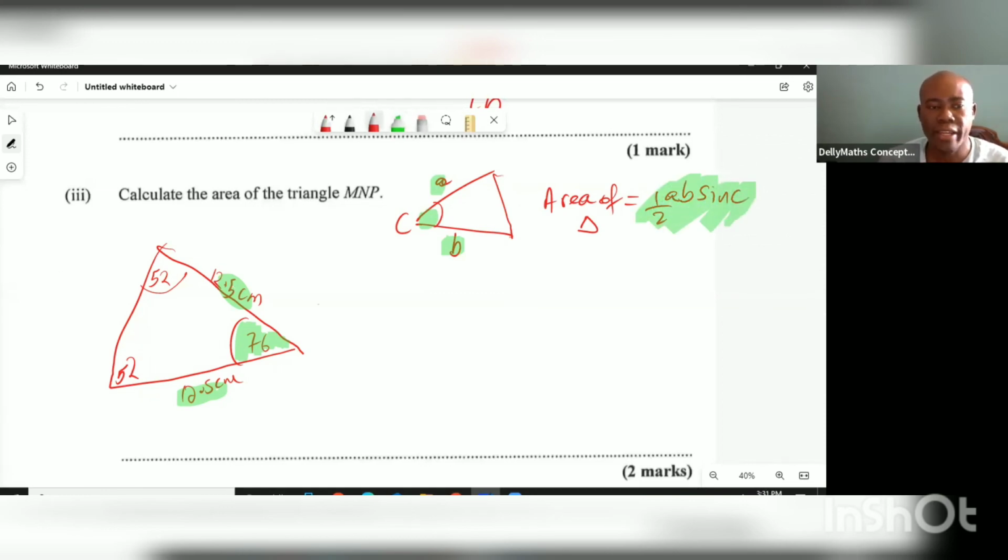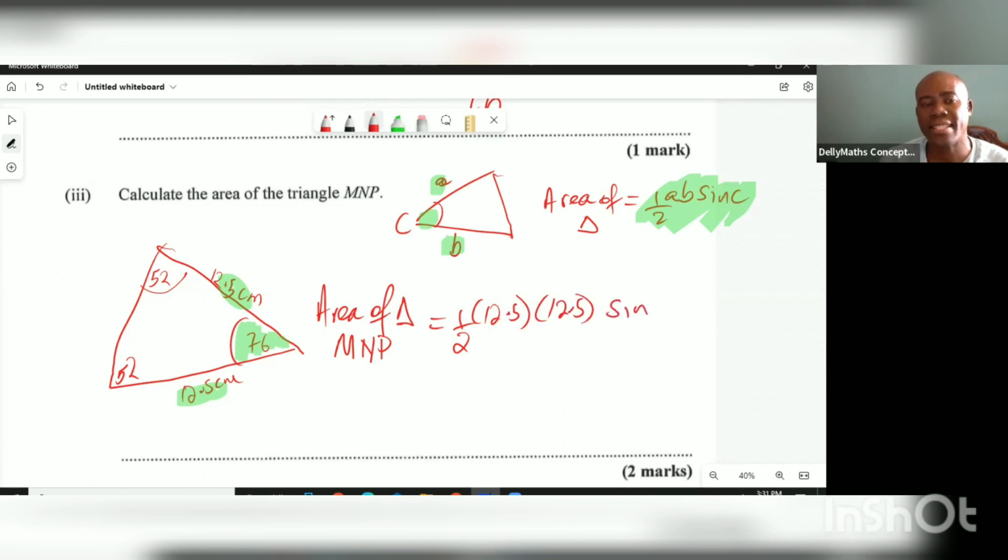So what we have here is to say the area of triangle MNP is equal to a half times 12.5 times 12.5. And then this will be multiplied by the sine of the angle between them, which is 76 degrees. And this will take us straight to our answer.